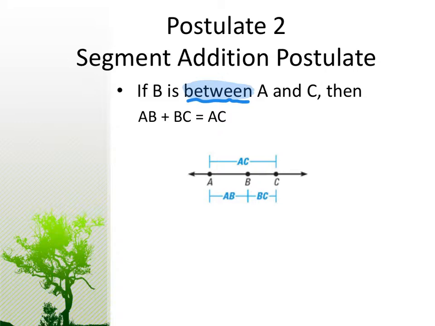Because it has the word between, I know that point B is somewhere in between A and C. Again, it doesn't have to be equally spaced, it's just somewhere in there. So what they're stating is that this piece AB plus the piece BC, so AB plus BC, equals the entire line AC.